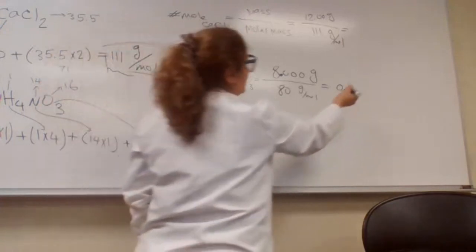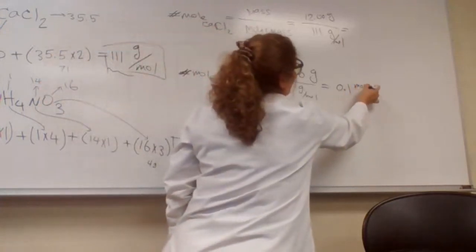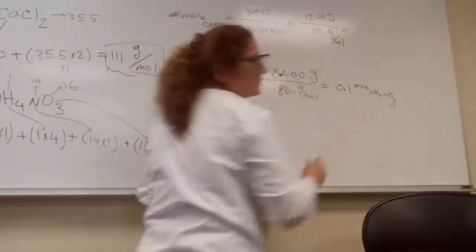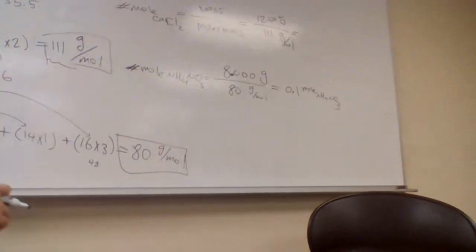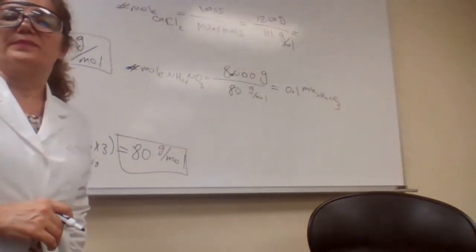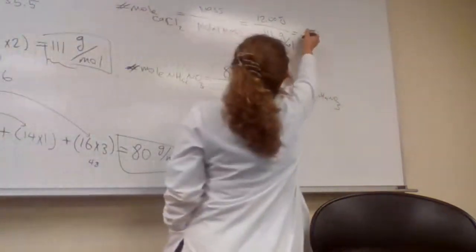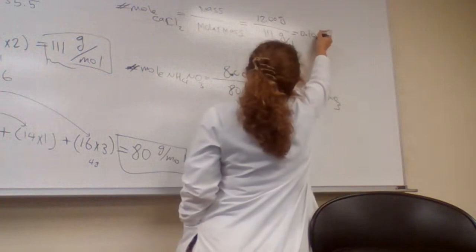It would be 0.1 moles of ammonium nitrate. So it's going to be 0.1 for this one, and for the top one, just use your calculator. Is it 0.108?